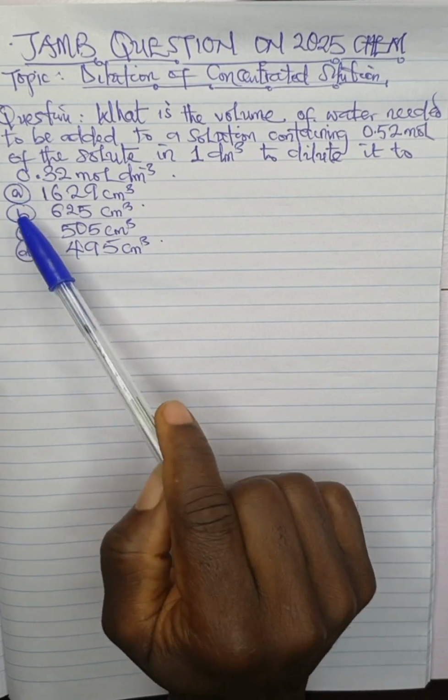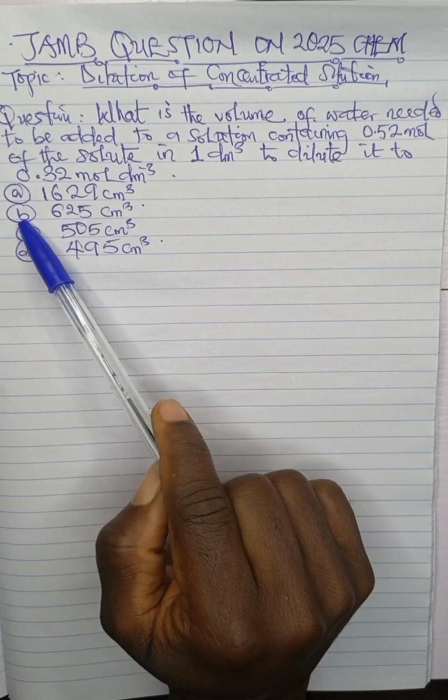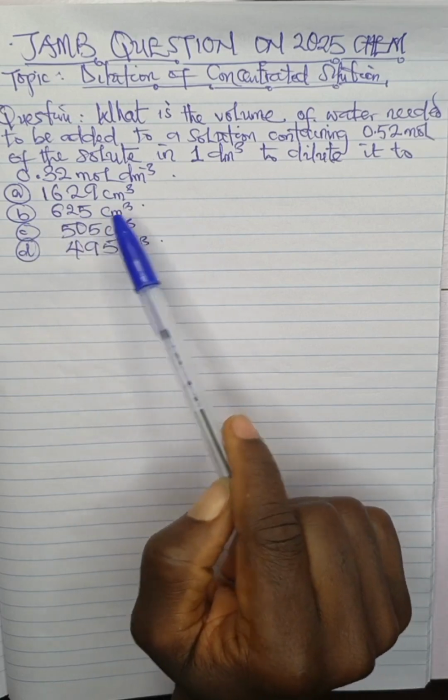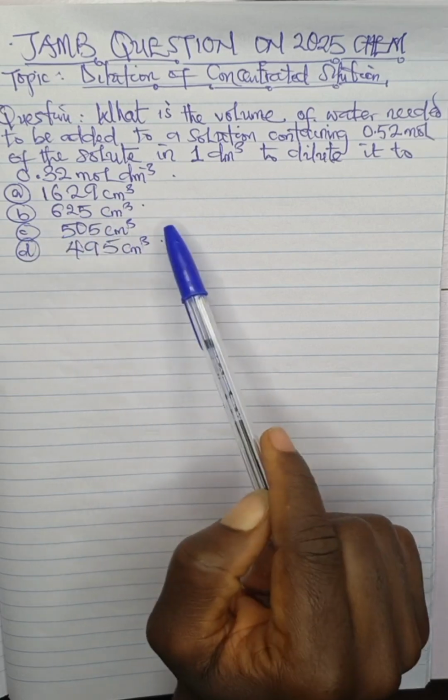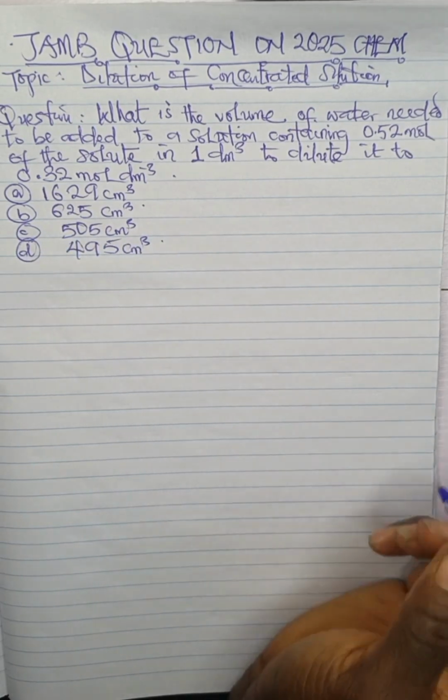We have the options A, 1629 cm cube, B, 625 cm cube, C, 505 cm cube, D, 495 cm cube.